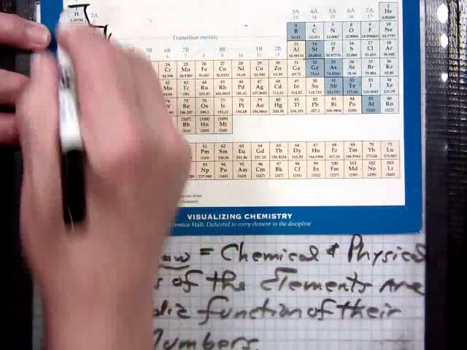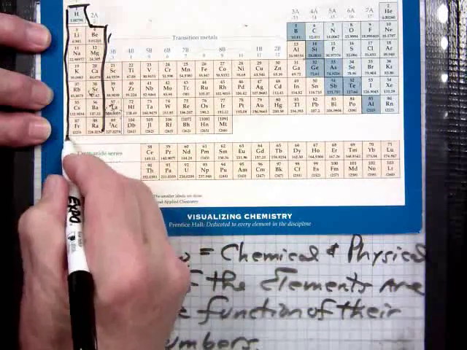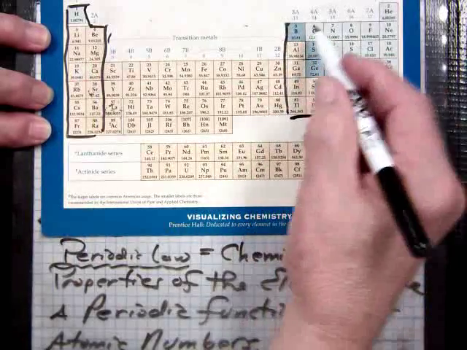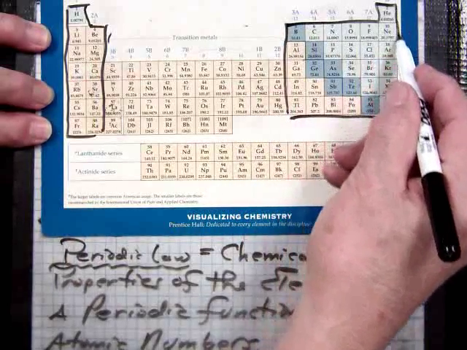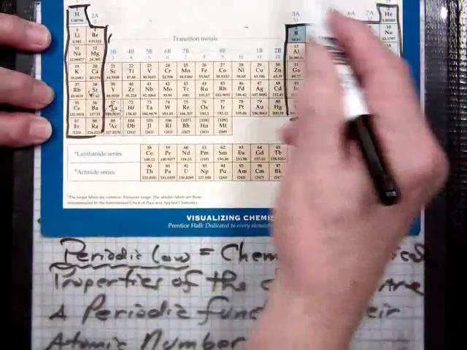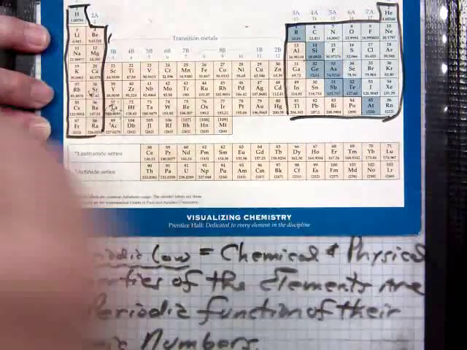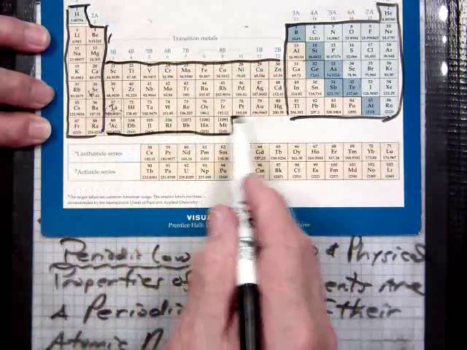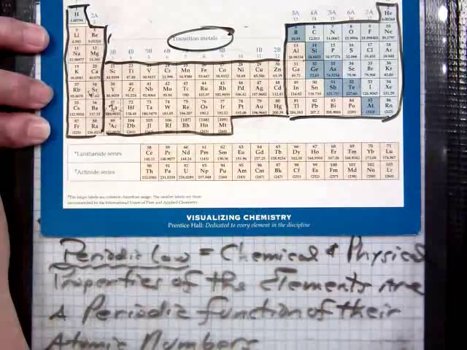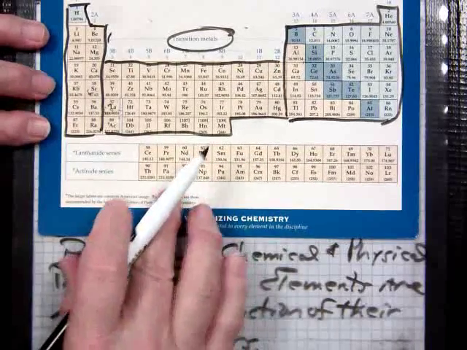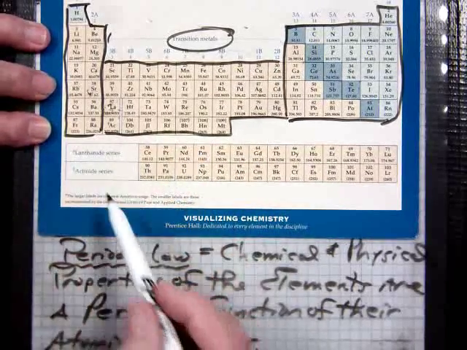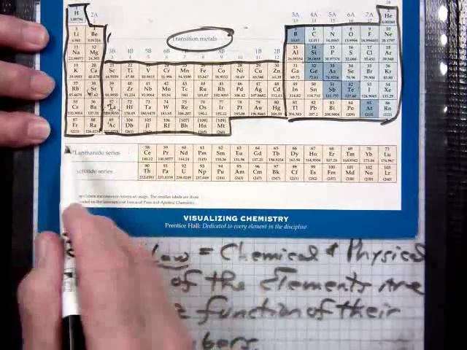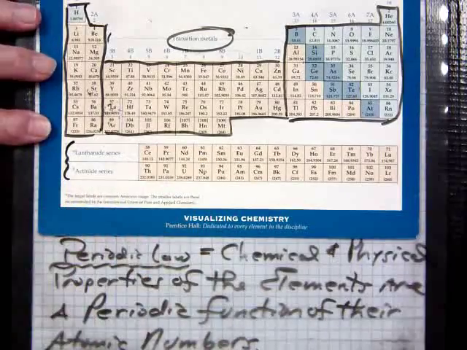This set, along with the set on the far right, are collectively known as the main groups. Those that are in the middle here are known as the transition metals. And those which are down here, and it doesn't have a specified name, but these are called intertransitions. That's the lanthanide and actinide series down here.